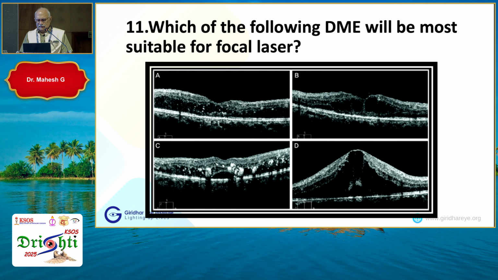It is said that when there are circinate, with hard exudate, you laser the microaneurysms in the center, it will respond best. So that is when we give focal laser, when there is a lot of hard exudates with leaking microaneurysms in the center. Others can also respond, but this is just a point to take.